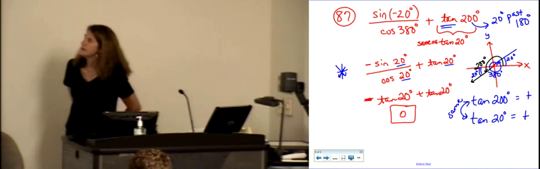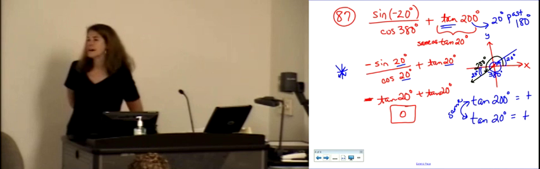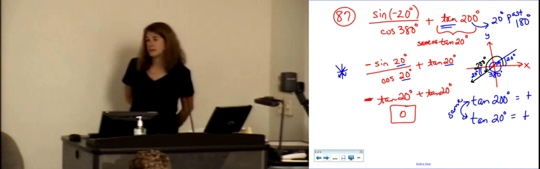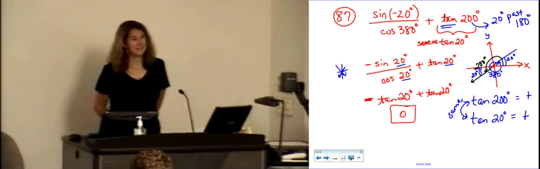So then I had negative tangent 20 degrees plus tangent 200, and I subtracted them, got 180. That does not normally work, so it was coincidental on this one, okay? So be careful with that.